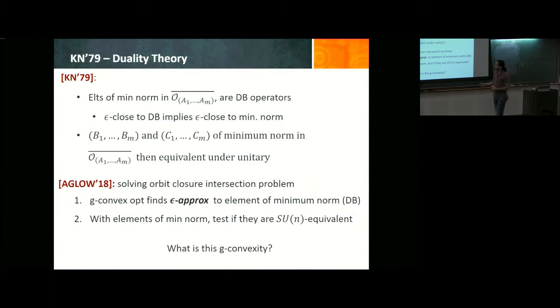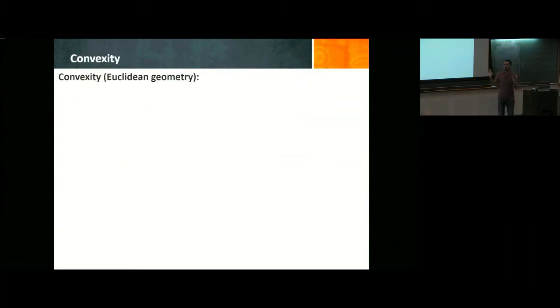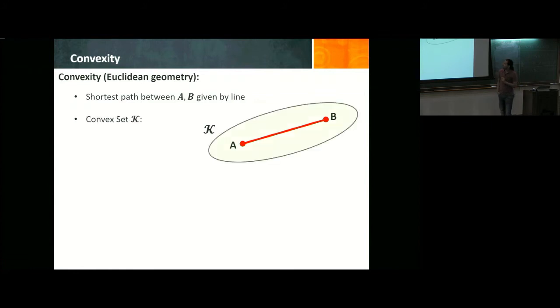Okay? Now, what is this G convexity that I was explaining to you? Before talking about G convexity, let's talk about regular convexity. We're in Euclidean geometry. What is convexity? Well, the shortest path between two points is given by the straight line between them, right? Now, what is a convex set? A convex set is a set such that for every two points, the line between them is in the set as well.